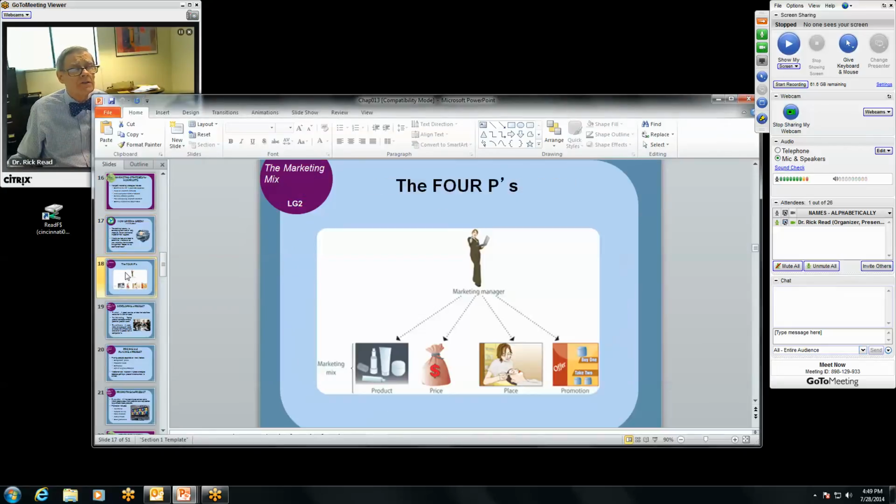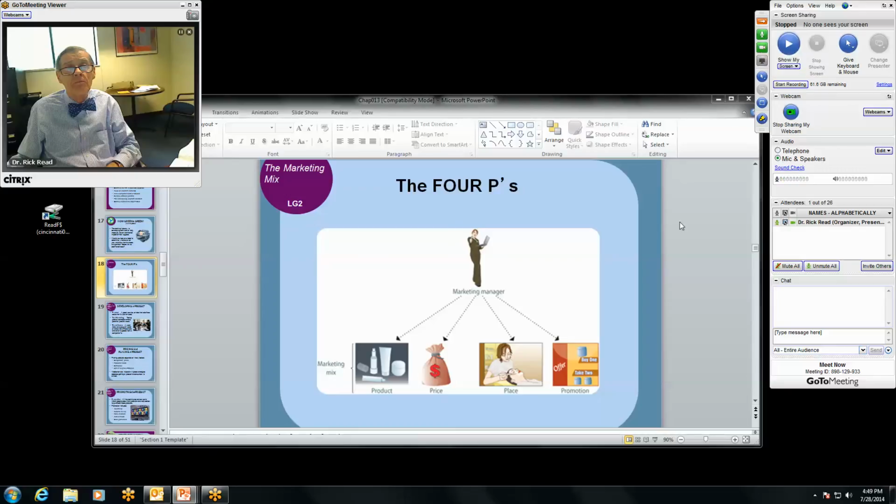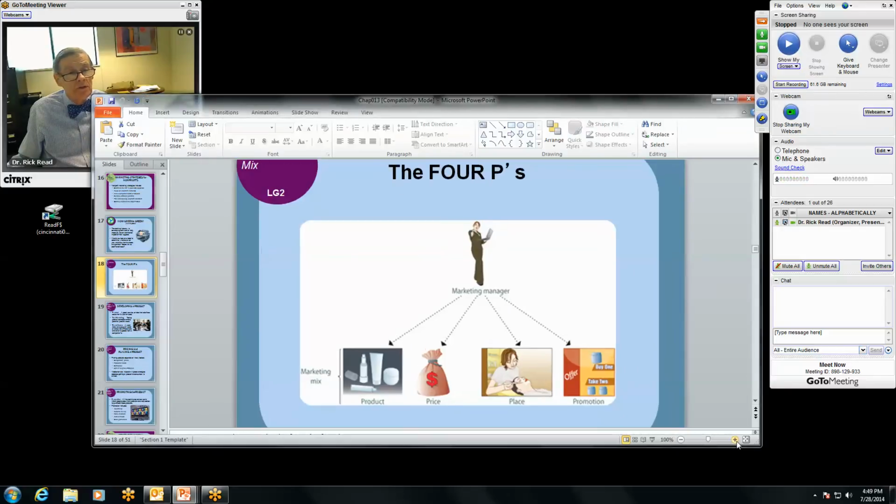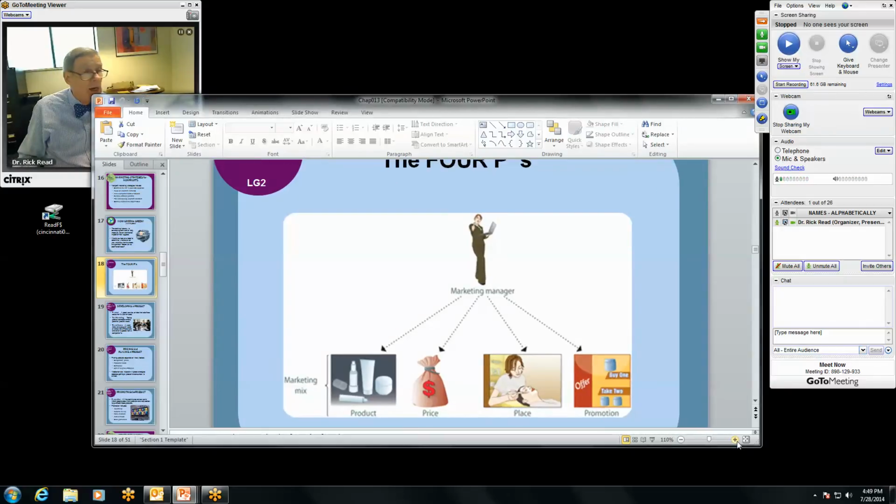Now we're going to get to the 4 P's of marketing. Very important. I'm going to blow this up just a little bit so you can see it, and you can find it in your textbook on page 357, figure 13.2. Here's the marketing mix, the 4 P's: product, price, place, promotion.